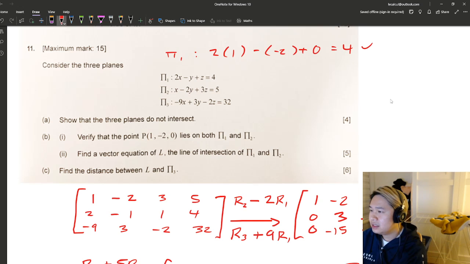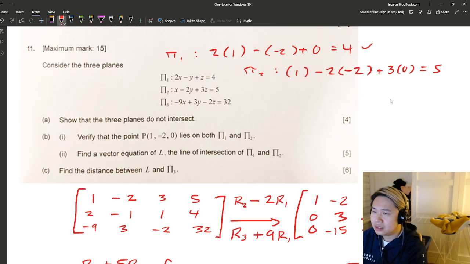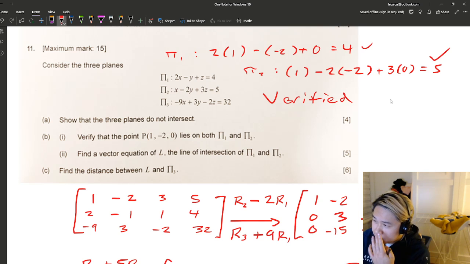Yes, it does. For the second plane, it is 1 minus 2 times y plus 3 times z. Does this equal 5? Obviously it will. So verified.